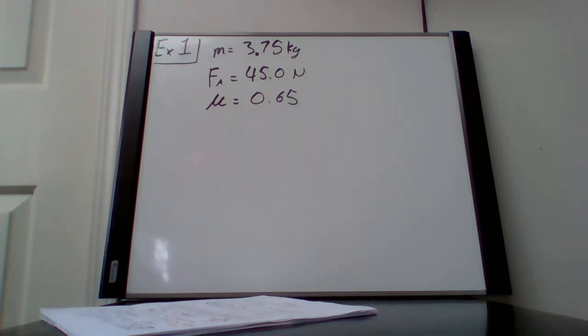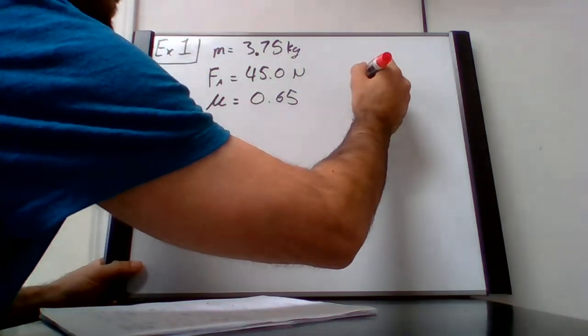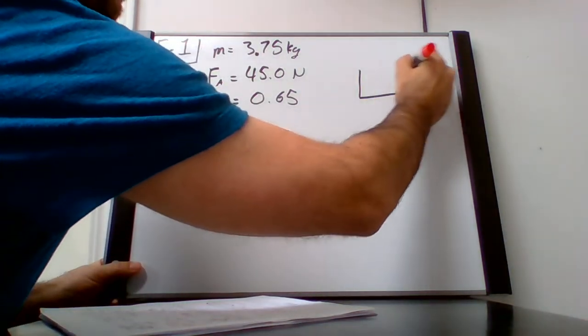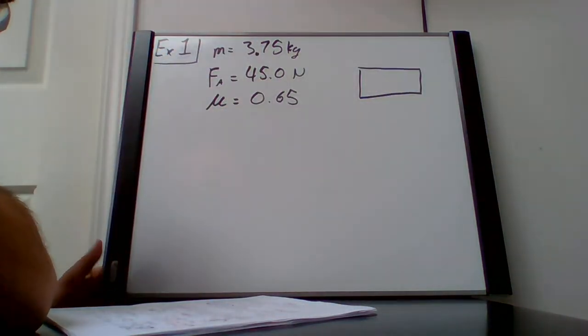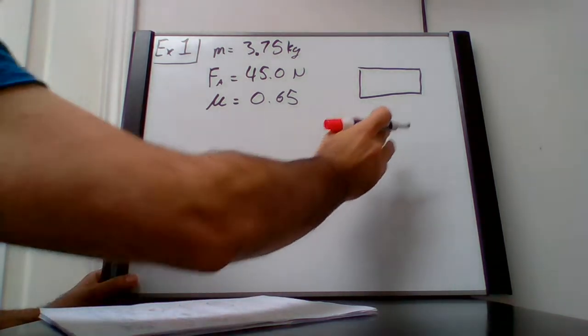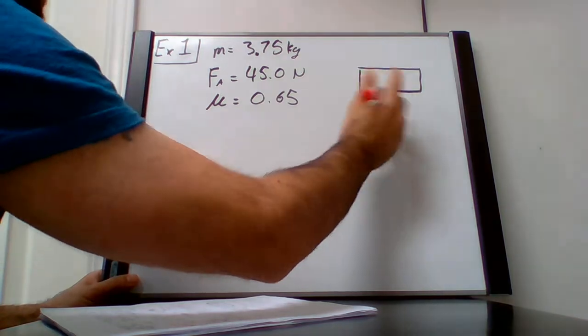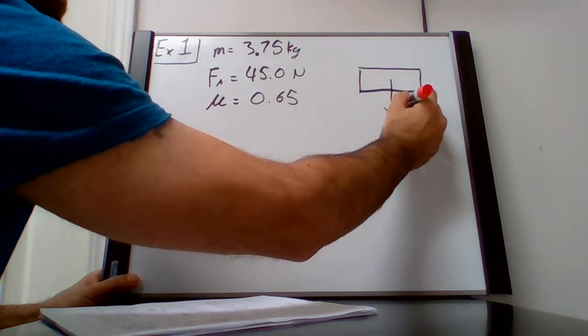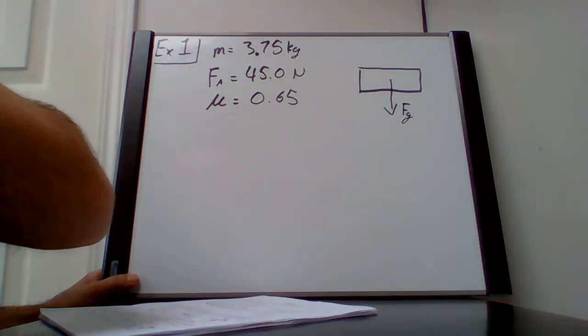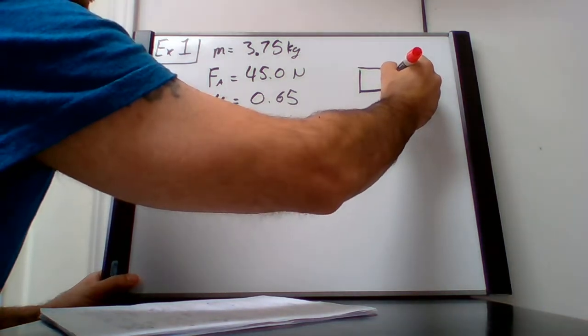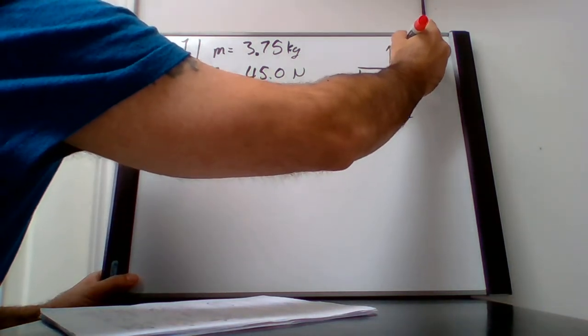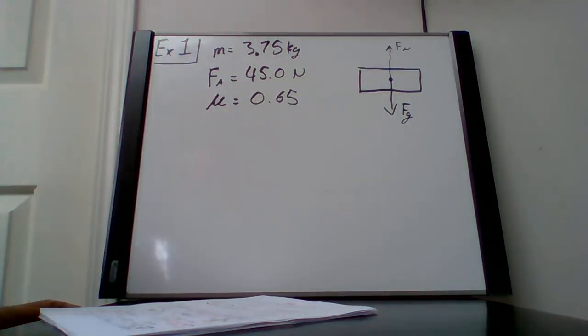Next up, we practiced these last week, but we have these free body diagrams that we want to draw. So here is our block. All right. So what do we have here? This block is sitting on a flat horizontal table, and so we have our force of gravity. Gravity's pulling it down. We have our Fn going upwards.